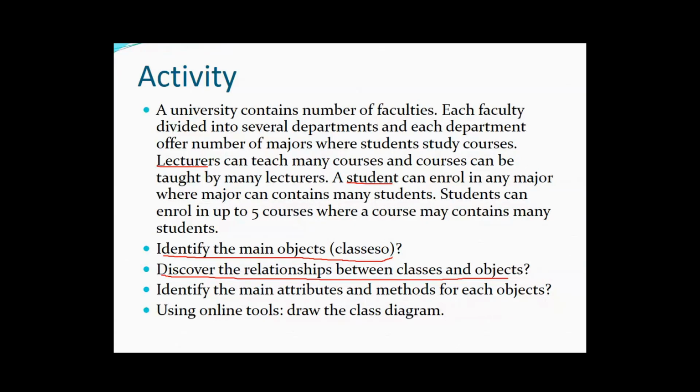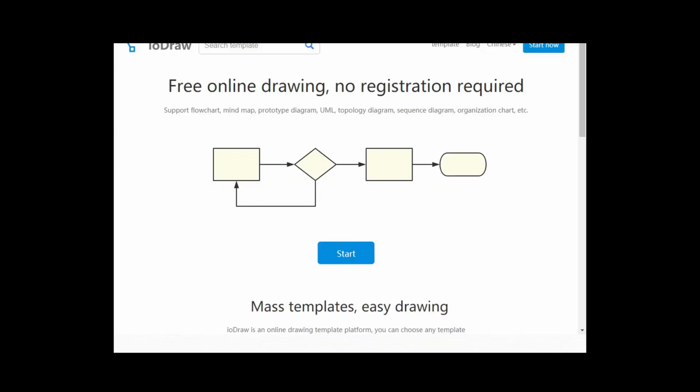It's a free online tool that you can use to draw diagrams. You're going to use it to draw the relationship. You can click on start and draw a simple relationship. I'm going to show you how to draw the class and how to draw the relationship.